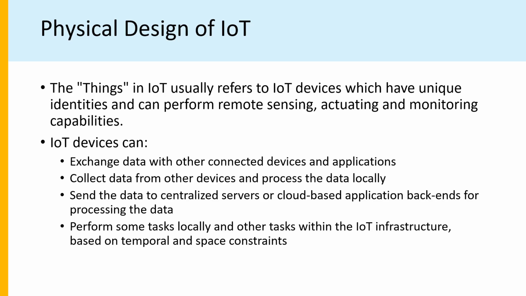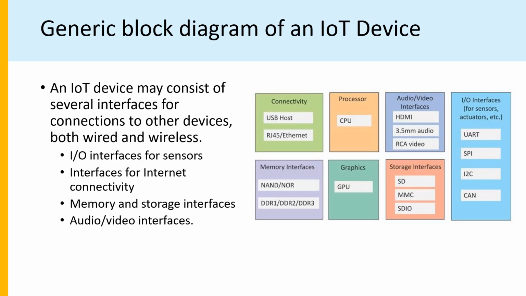They collect data from other devices and process the data locally, or send the data to centralized servers or cloud-based application backends for processing. They perform some tasks locally and other tasks within the IoT infrastructure, based on temporal and spatial constraints.